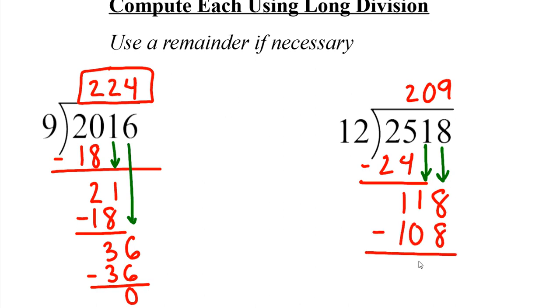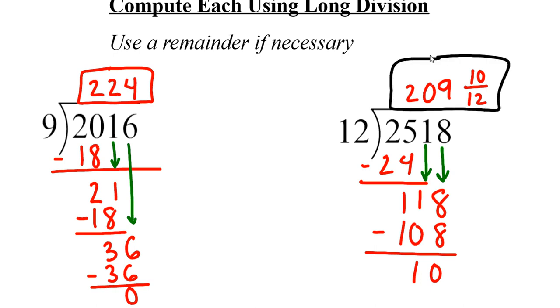And when I subtract, I get 10 as my remainder. 12 doesn't go into 10, so you could either write 209 and 10 twelfths or remainder 10. Let's write it as 10 twelfths. It means the same thing. You could simplify 10 twelfths to be 5/6. It'd be the same thing, but that's how we did it when we had remainders. We would write it as the remainder divided by what I was dividing. So that's how we did it in elementary school.